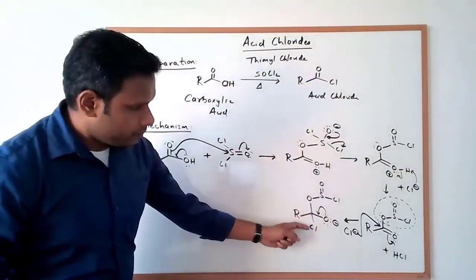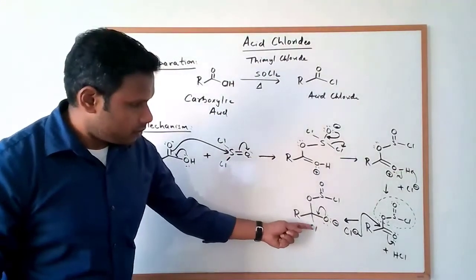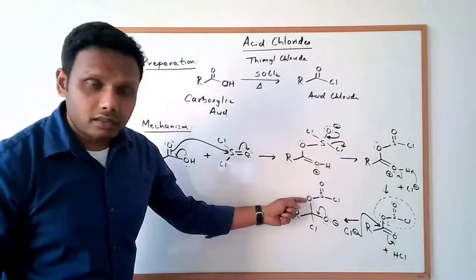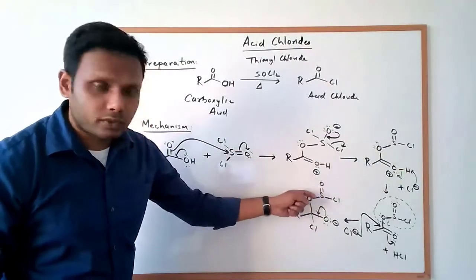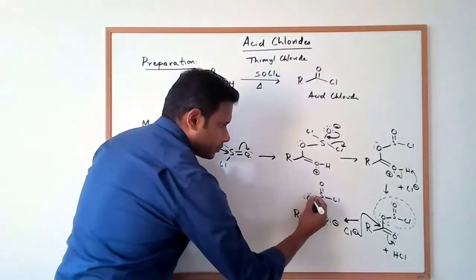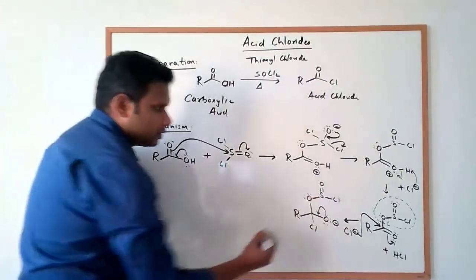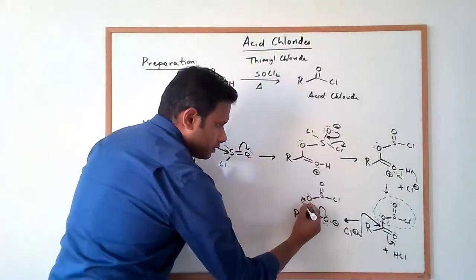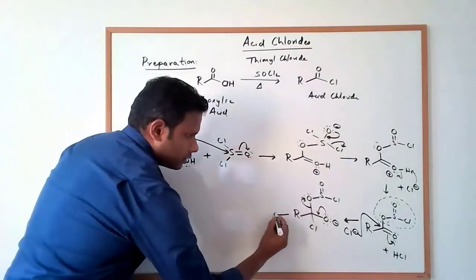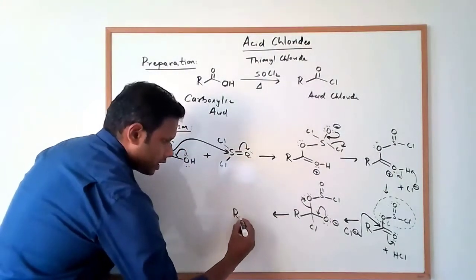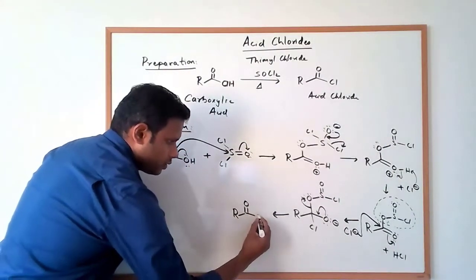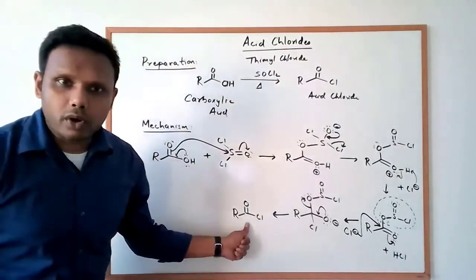And at this point, there are two leaving groups here. The chloride is a good leaving group, but the sulfur, the chlorosulfonium ion here, that's a better leaving group. So this leaves, and it would give us the acid chloride, which is the organic product that we want.